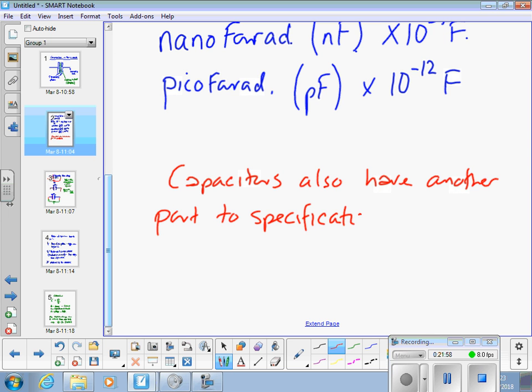Anyone remember what that is? Working voltage.